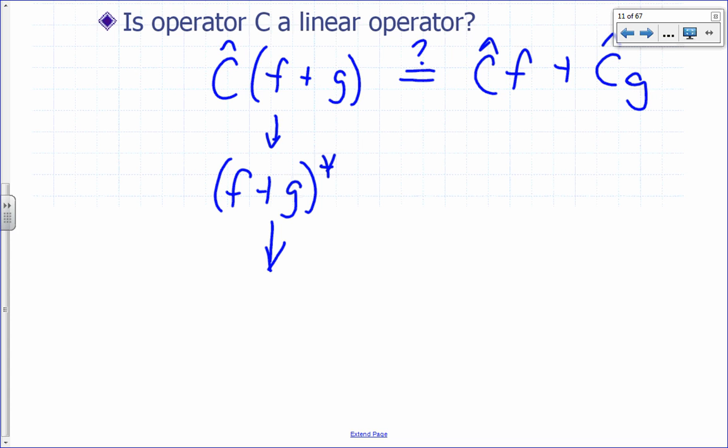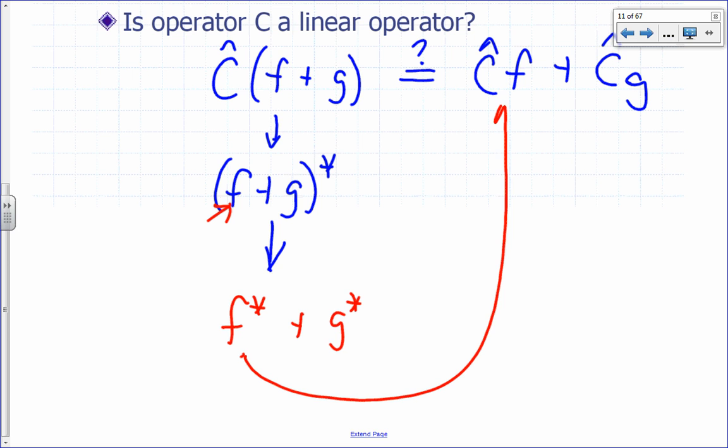Since this is generic, this f might have some i's in it. So all you have to do is take the complex conjugate of f and the complex conjugate of g. But the complex conjugate of f is just C hat f, and the complex conjugate of g is just C hat g. So this condition is satisfied.